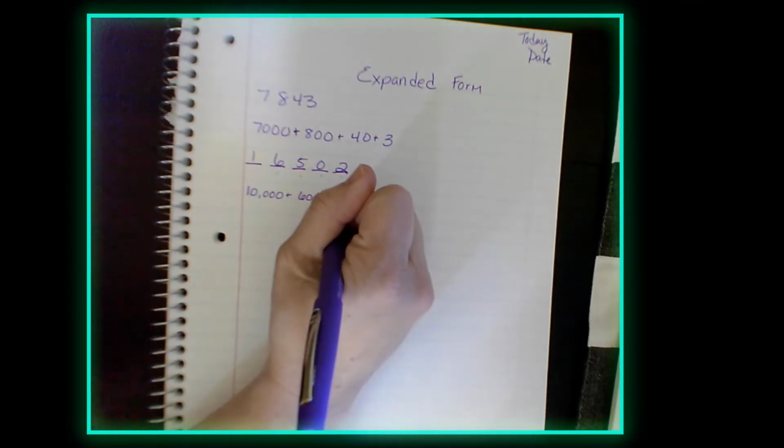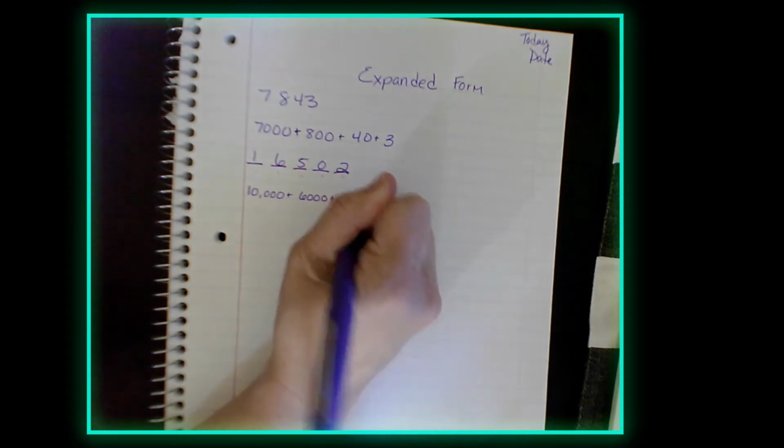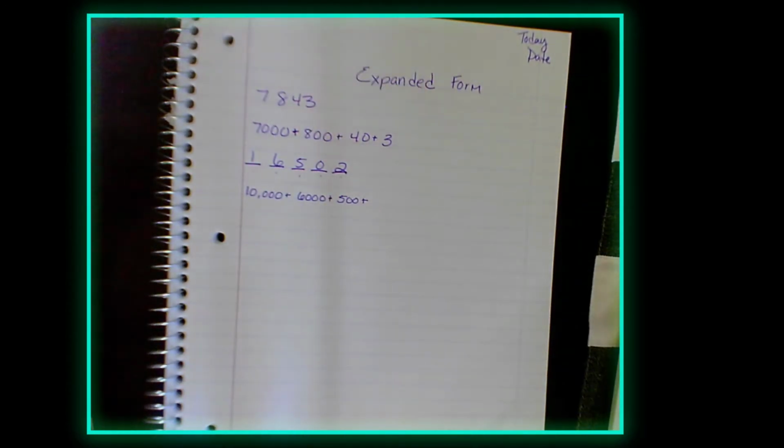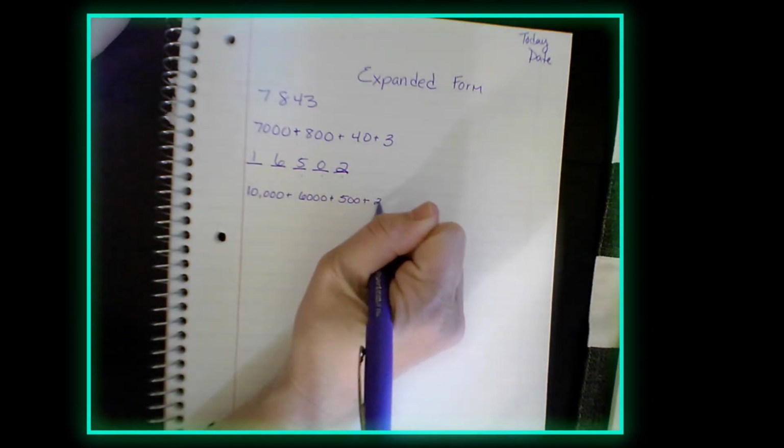So that means I have 5 100s or 500. Now you'll notice that there's a 0 in the tens place. That means I have 0 tens. That means I'm not going to write anything. The following number is the 2, and the 2 is in the ones place. So now we just did a 5-digit number using our place value, and we stretched it out like a rubber band. So now we're going to kick it up a notch.